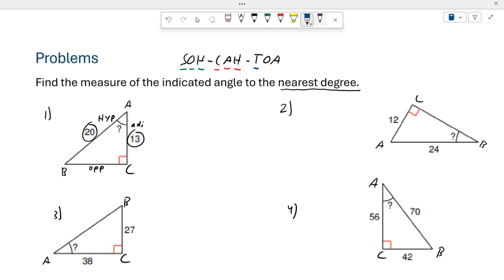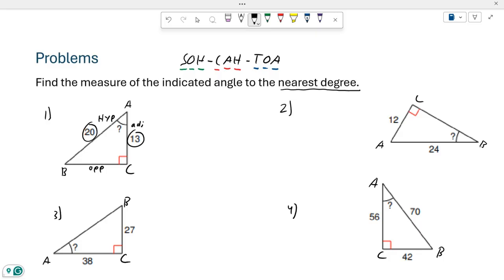And the definition for tangent is opposite over adjacent. So whether you had to look up the definitions or whether you remembered them, the trig function that we want to use is cosine. We're going to use cosine because we're given the adjacent and the hypotenuse. We don't know opposite, but cosine is the one trig function that doesn't involve opposite.